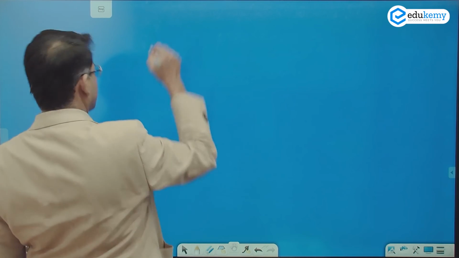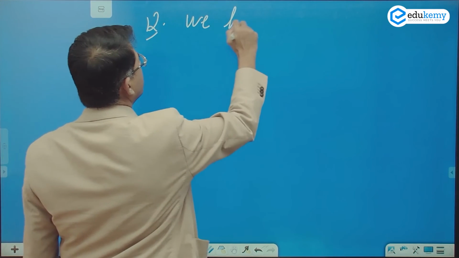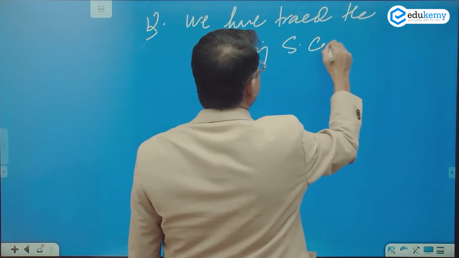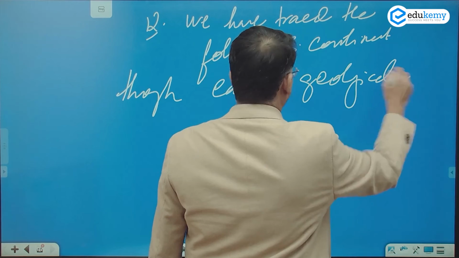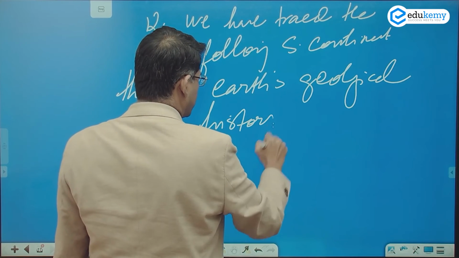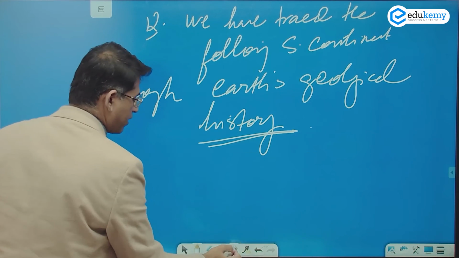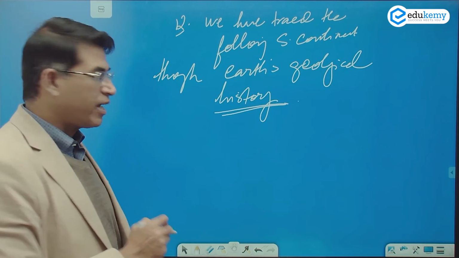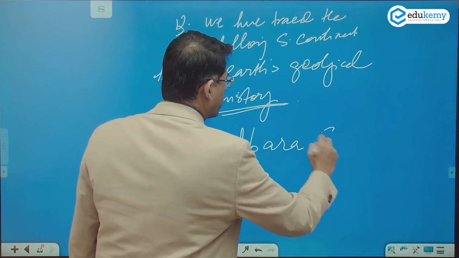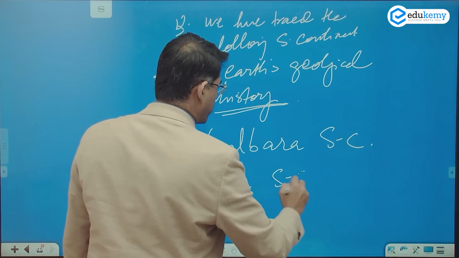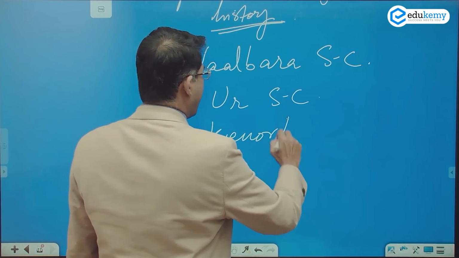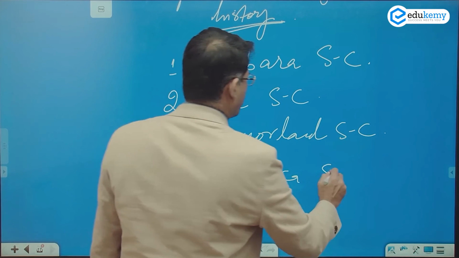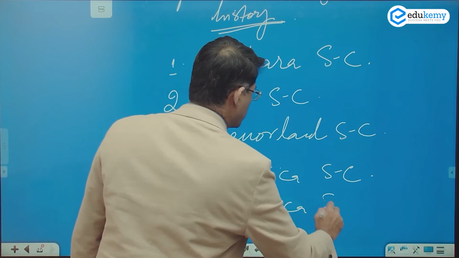We have traced the following supercontinents through Earth's geological history. Valbara supercontinent, Ur supercontinent, Kenorland supercontinent, Atlantica supercontinent, Arctica supercontinent.